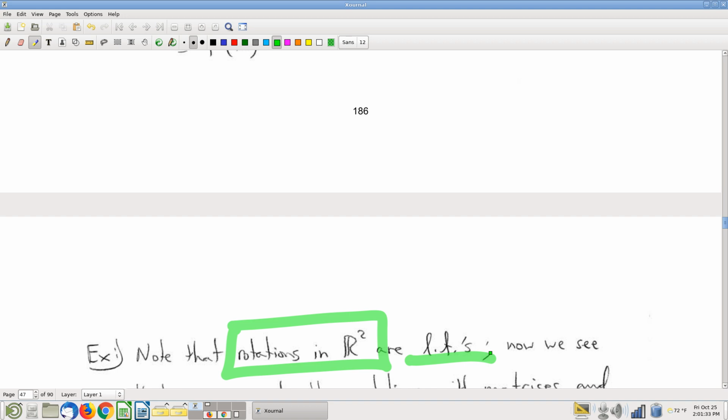Before I go on, I want to prove that for you. At least I want to show you how that argument goes. How do I show that something is a linear transformation? Well, we need to check the linearity property. I need to persuade you that this rotation commutes with addition, and I need to persuade you that it commutes with scalar multiplication. And I'm just going to draw the corresponding pictures.